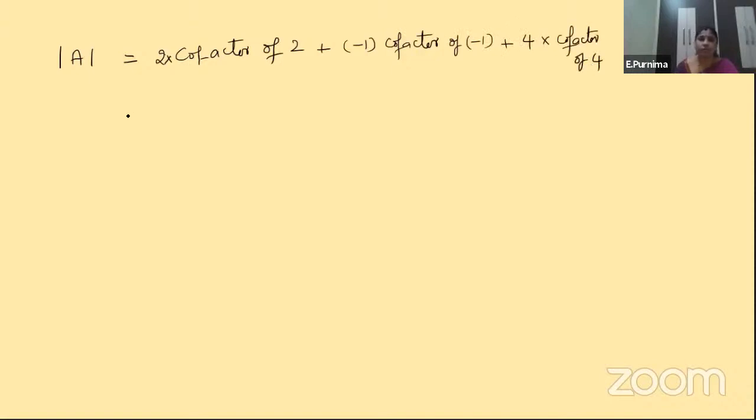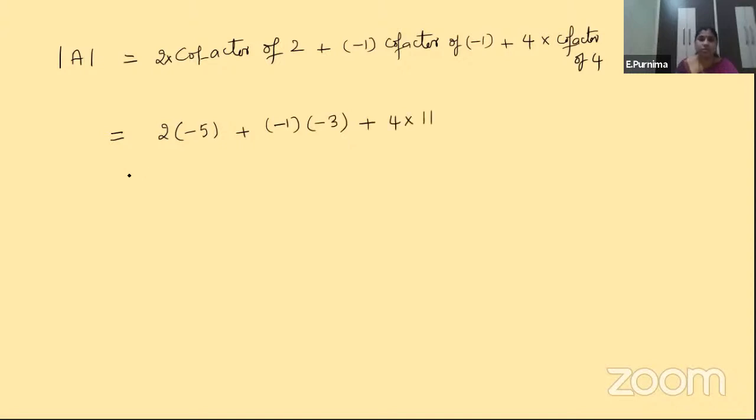Which is equal to 2 into cofactor of 2, how much did we get? Minus 5, plus minus 1 into cofactor of minus 1, how much did we get? Minus 3, plus 4 into cofactor of 4, how much did we get?